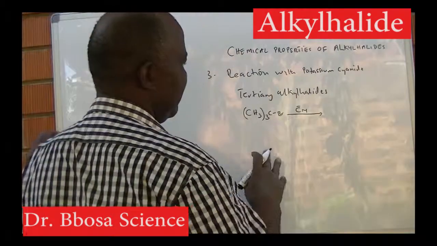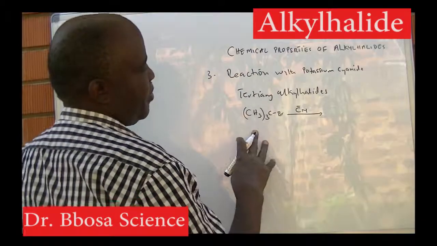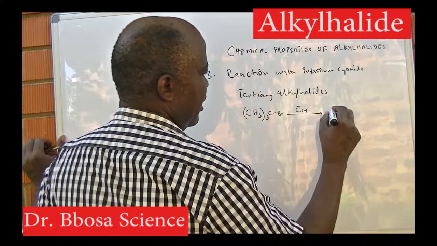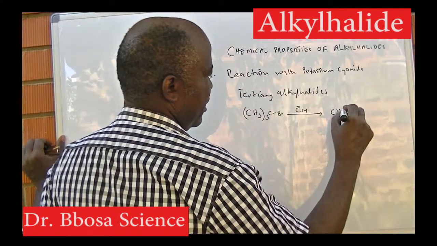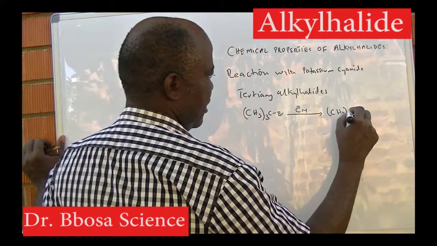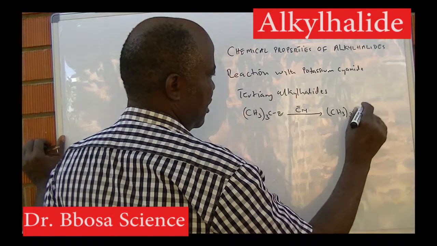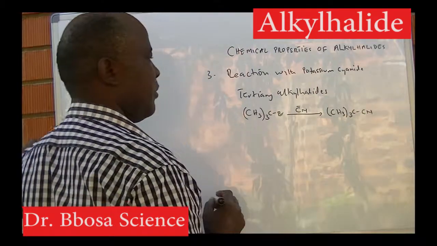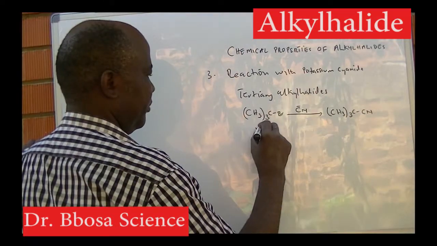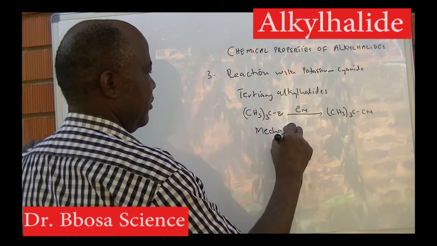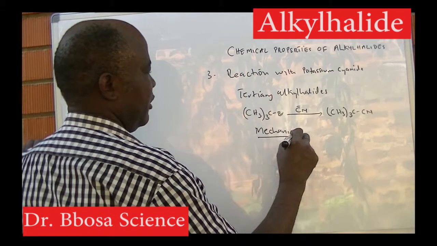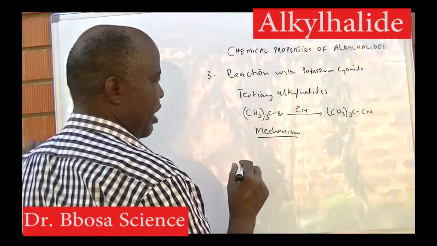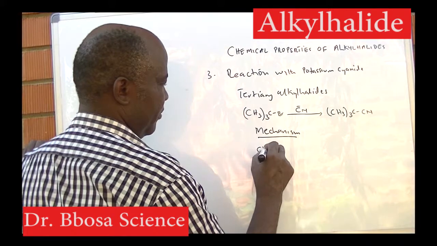Tertiary alkyl halide. For example, 2-bromo-2-methylpropane plus potassium cyanide, you will get the product. Mechanism: this being a tertiary alkyl halide will undergo SN1 mechanism.